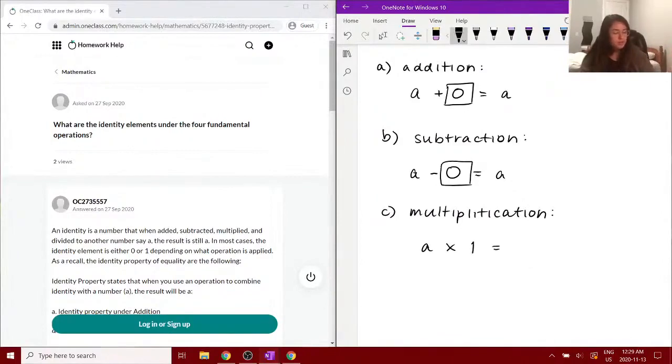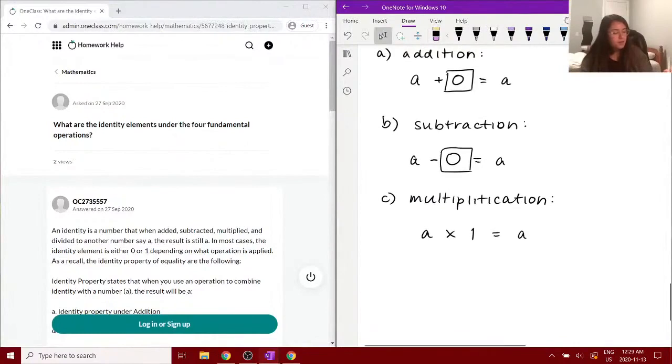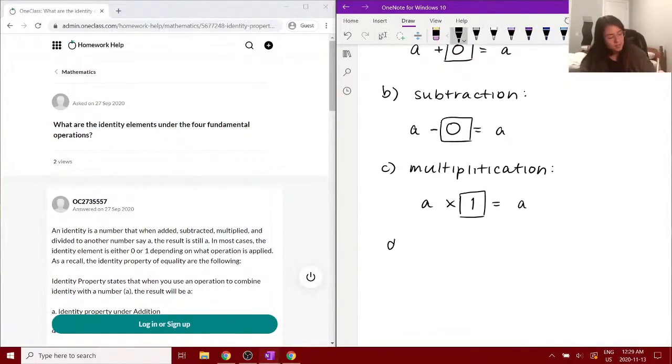A times 1, or any value times 1, you get back the value without being changed. So 1 in this case is the identity element. And finally, for division, if we have our value a and we're dividing by 1, we get a back. So for division, the identity element is 1.